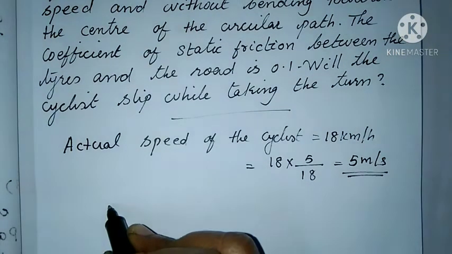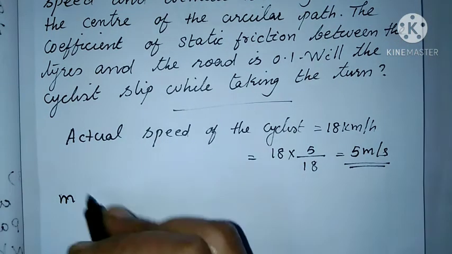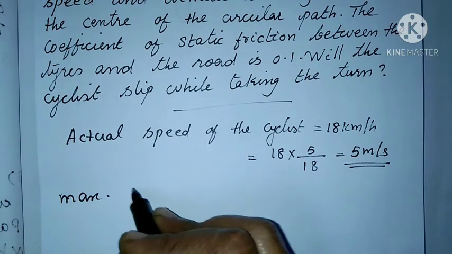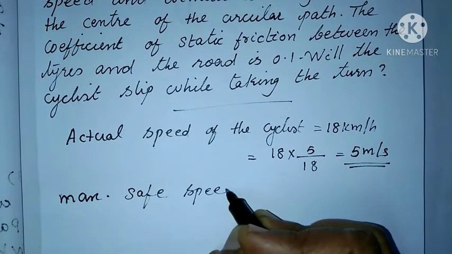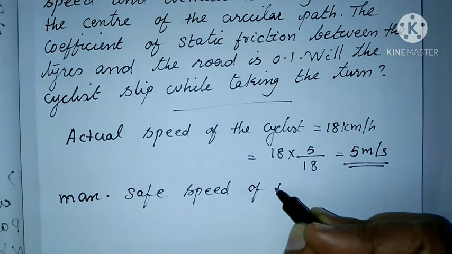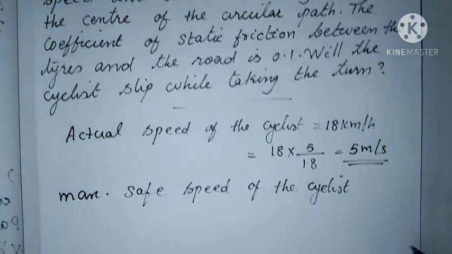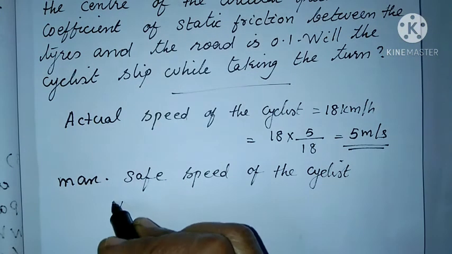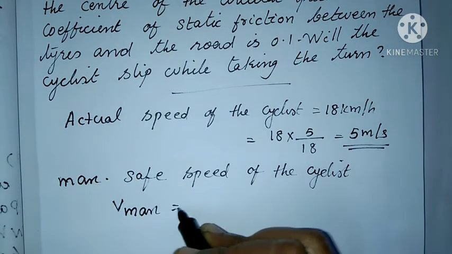That is V maximum, the maximum safe speed of the cyclist, equal to, what is the formula?